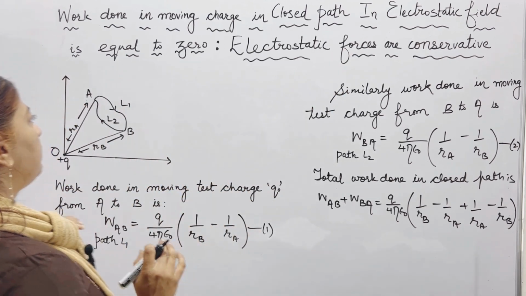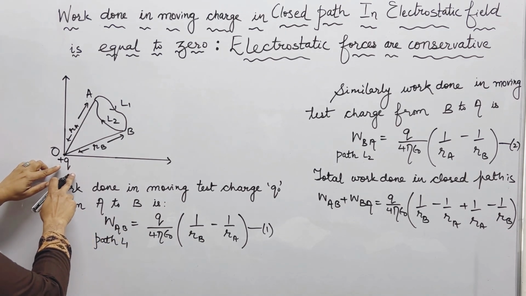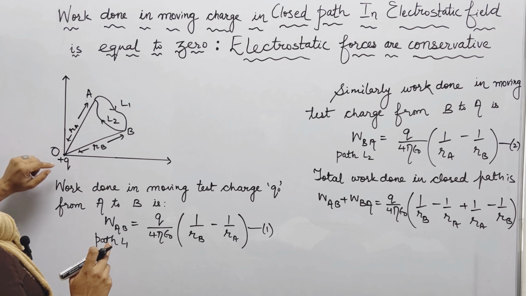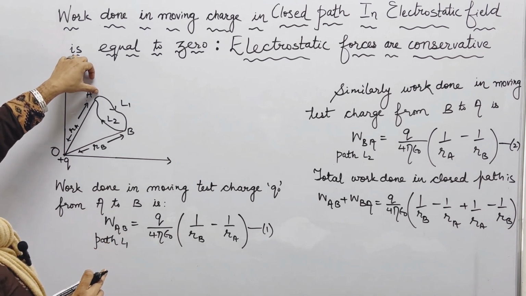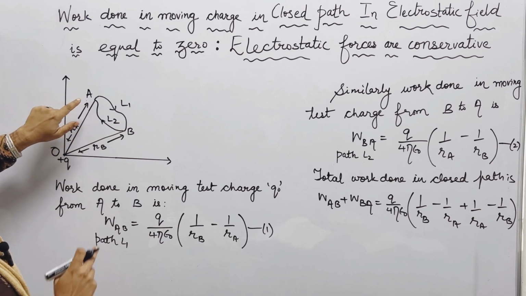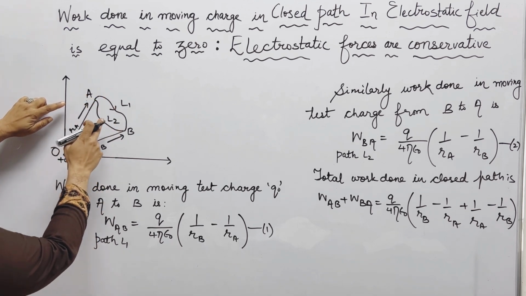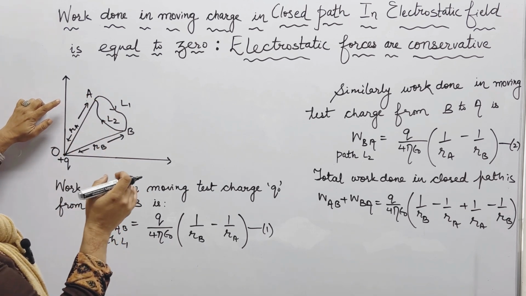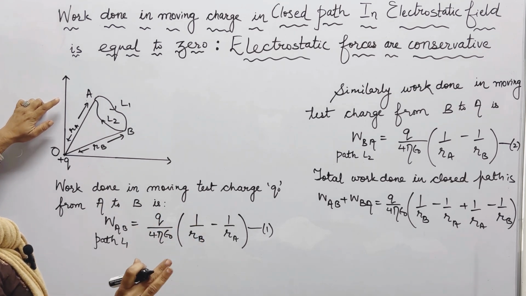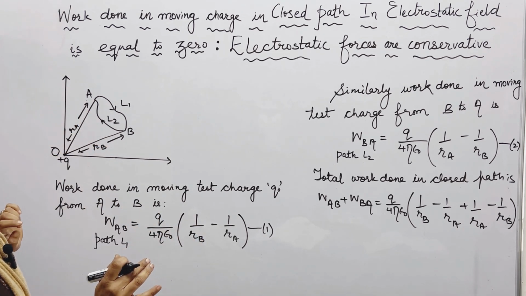To prove it, we have considered the plus Q charge at position O, and let any test charge q naught be taken from A to B and then B to A. So this is completing one closed path, and the nature of path may not be a straight line, it may be a curved or any sort of line along which it is going to move.